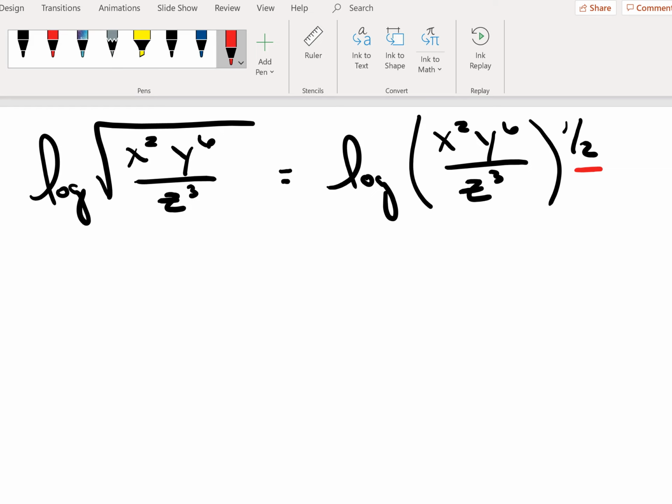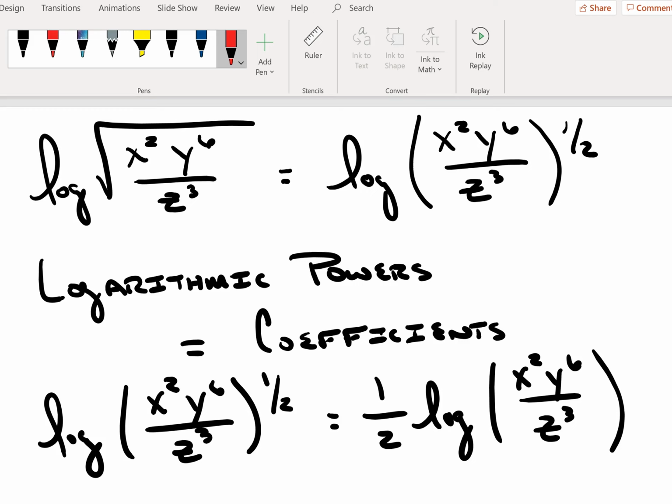Since logarithms are actually the inverse of power functions, or of exponentiation, the first thing that we're able to do, this is number 1, is that logarithmic powers, so powers inside the logarithm function, can be brought down as coefficients. In this case, the 1/2 power is brought down to the front of the logarithm as a coefficient 1/2.